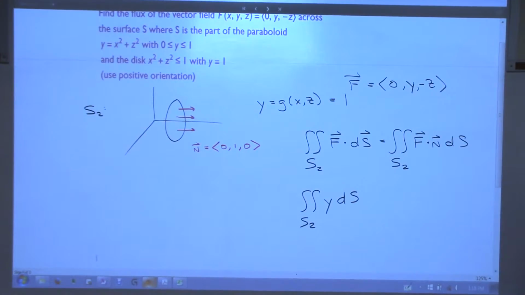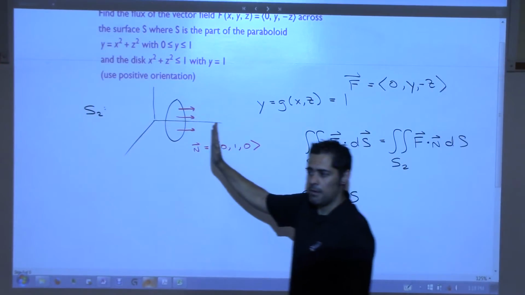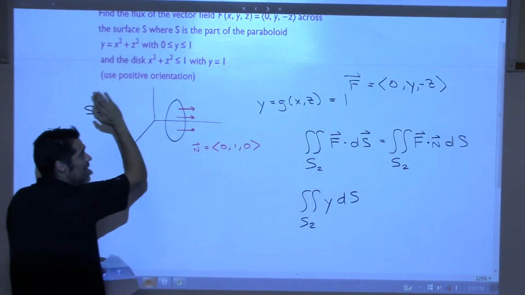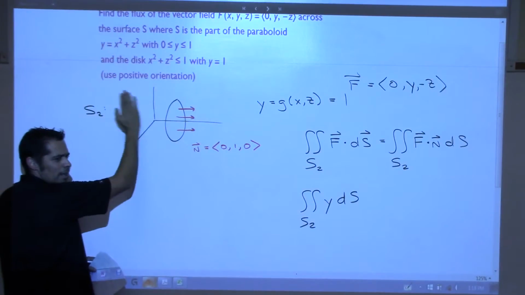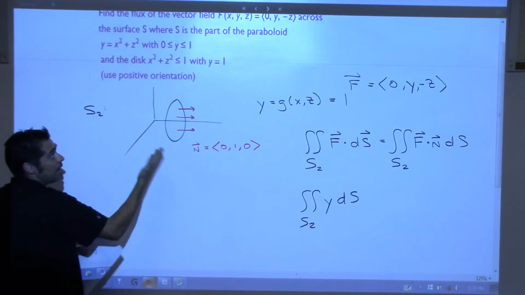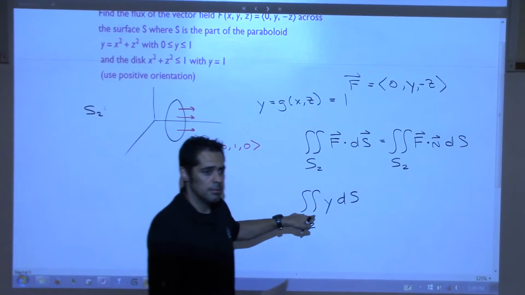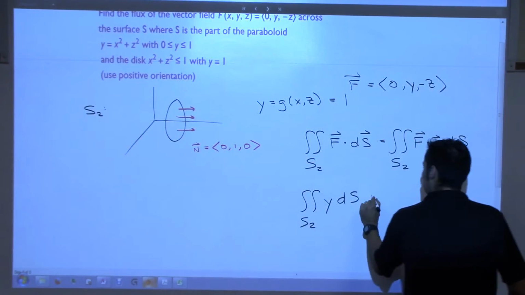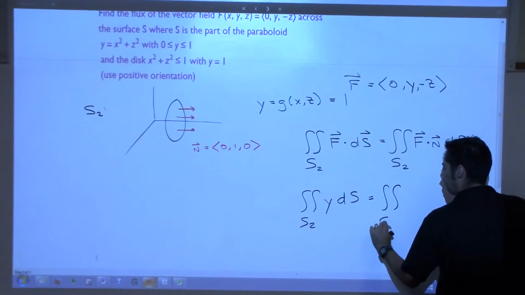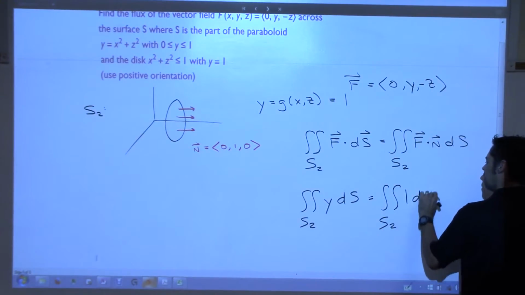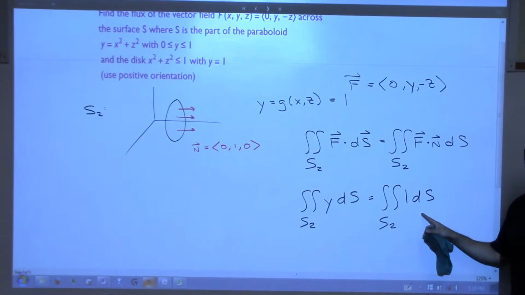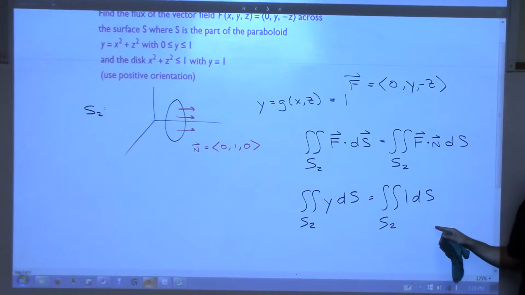And then, because this circle is on this plane, y'all see the plane I'm talking about? The y coordinate was always 1, wasn't it? So y is 1 always when you're on S2. So this just becomes the double integral over S2 of 1 dS. And this is a special formula when you have a 1 in here.